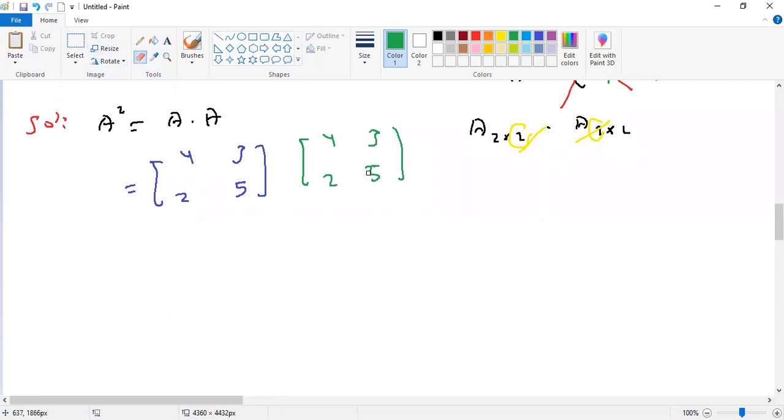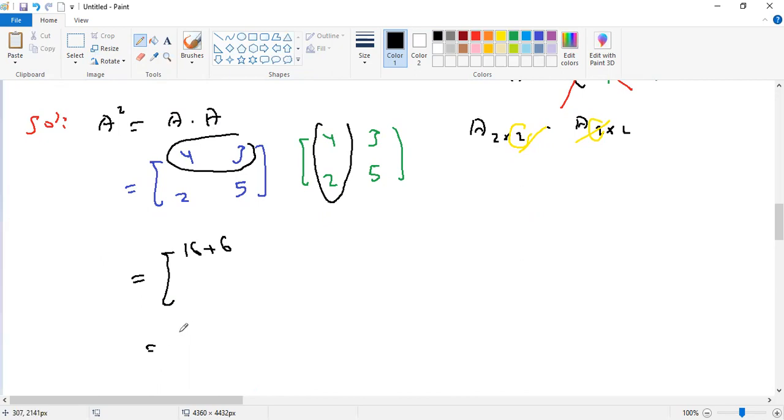To multiply, the answer is equal to the following. First row by first column: 4 by 4 is 16, plus 3 by 2, 6. I'm repeating it, 4 times 4 plus 3 times 2 will be 22.